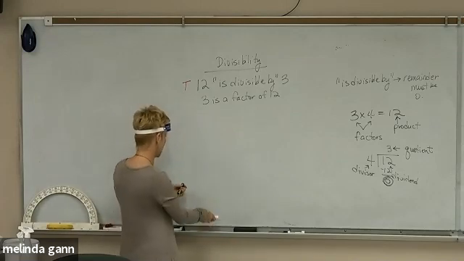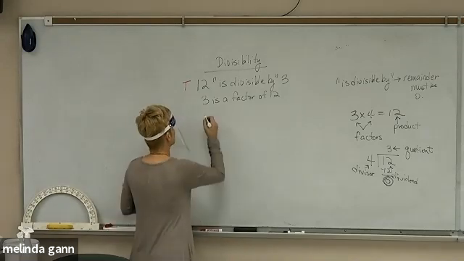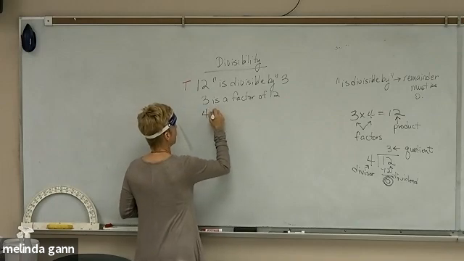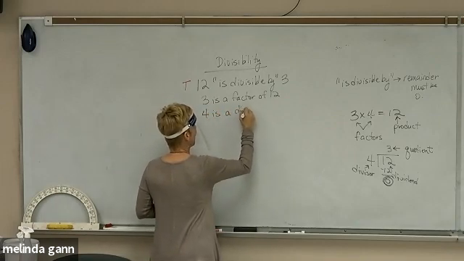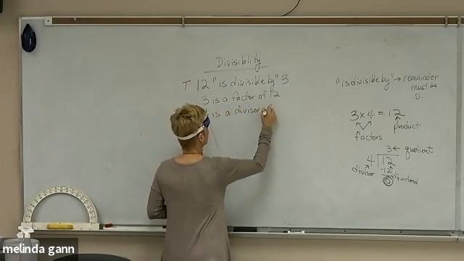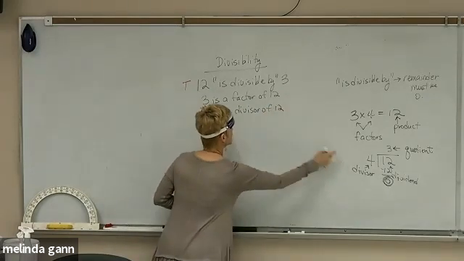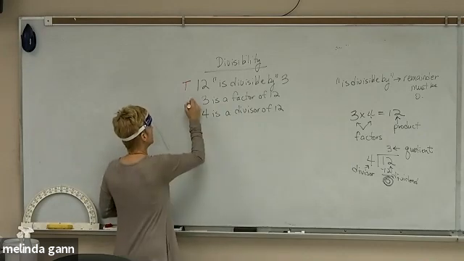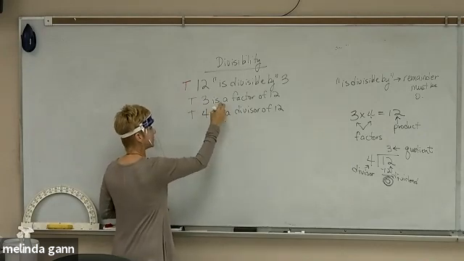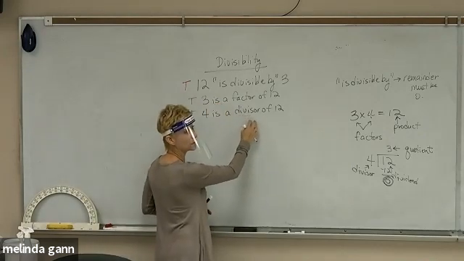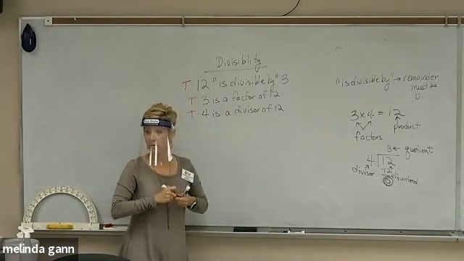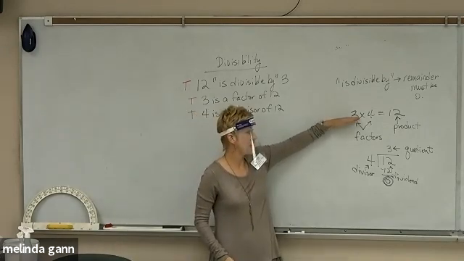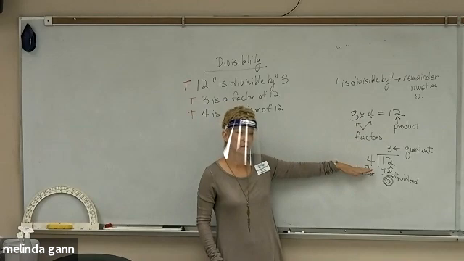They might say this. They might say 3 or 4, either one, 4 is a divisor of 12. And see, again, that would be another statement that's what? True. If something's a factor, it's got to be a divisor. It's just factors talking about multiplication, divisors talking about division.